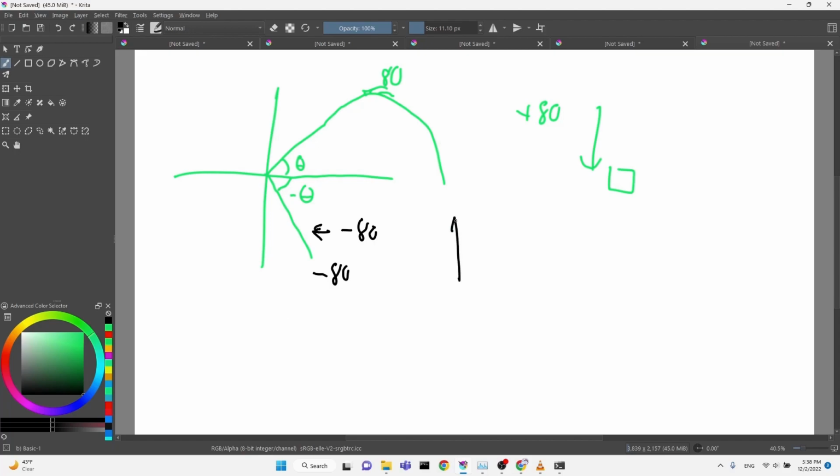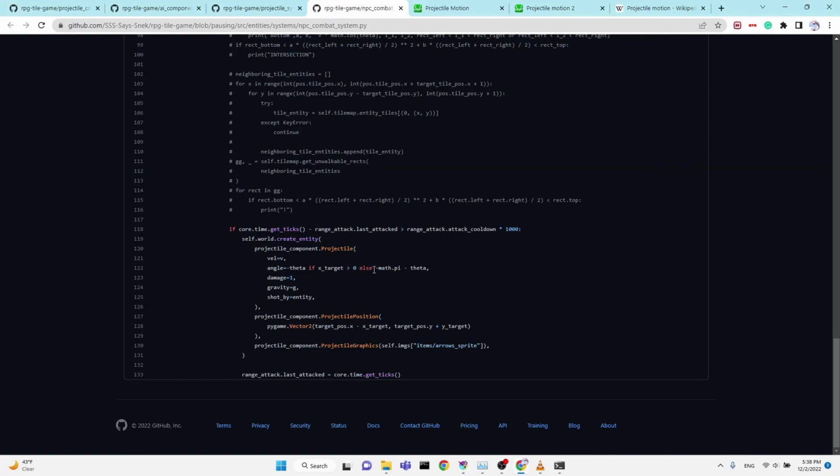We want the projectile to go up, not down. So that's what the negative theta is for, okay? Now moving on. And by the way, this else negative math.pi minus theta is just something a bit quirky with my projectile system. So you might not have to do this, but for me, yeah.